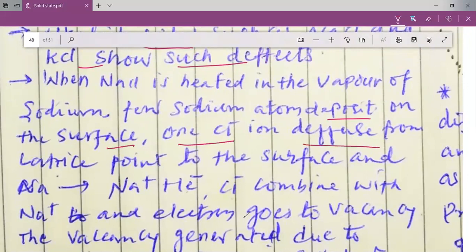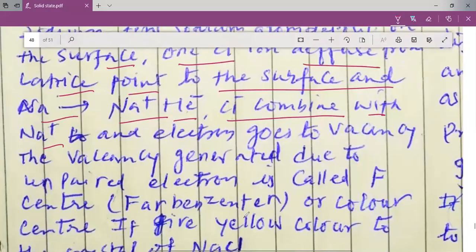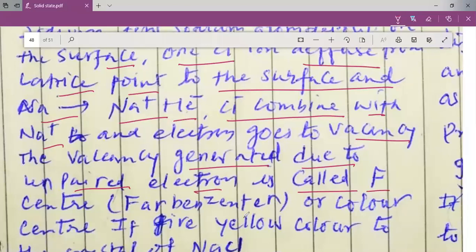One Cl minus ion diffuses from lattice point to the surface, and Na produces Na plus and one electron. Cl minus combines with Na plus and the electron goes to the vacancy. The vacancy generated due to the unpaired electron is called the F center.